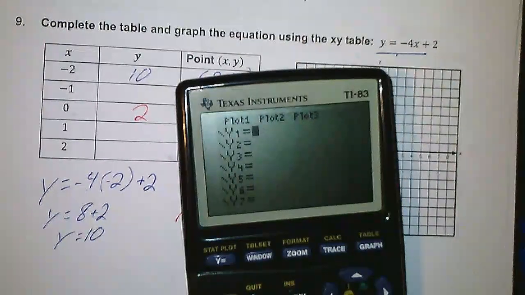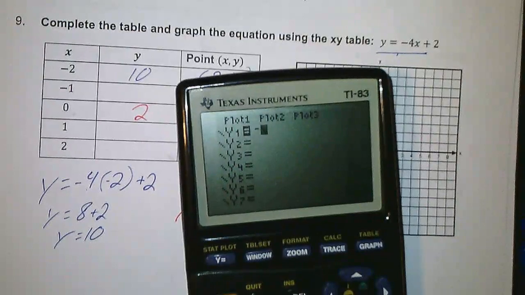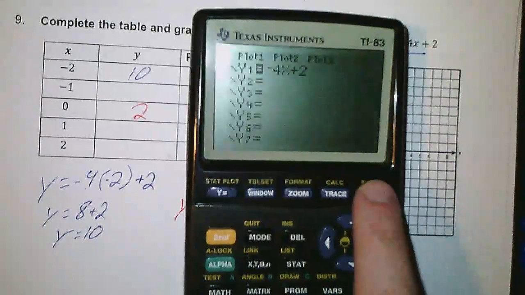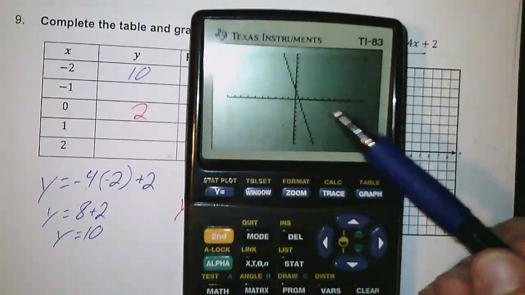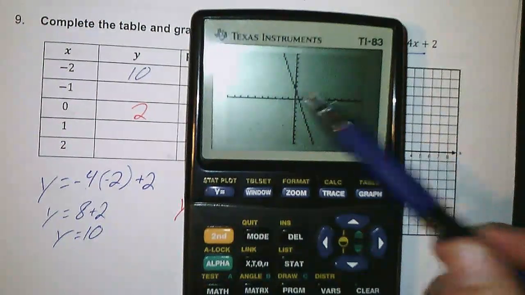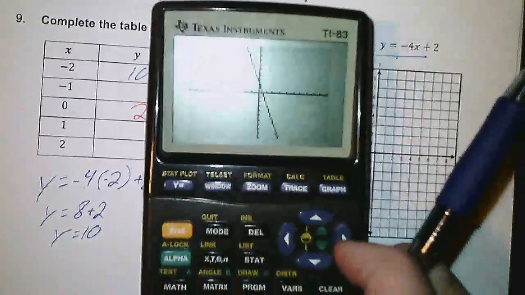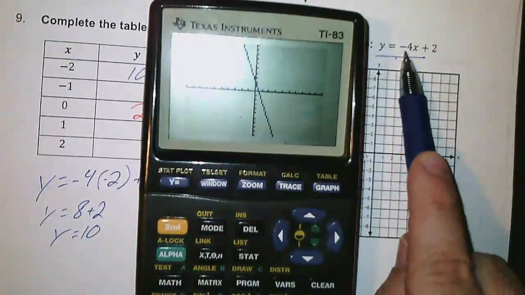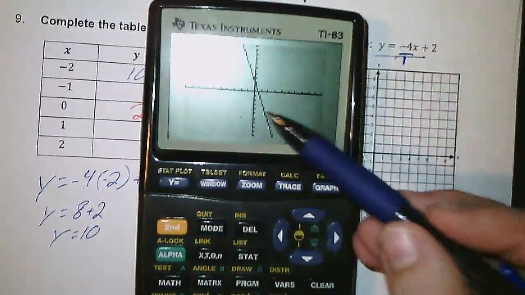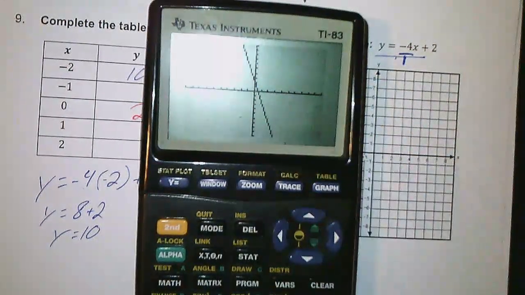And we type in negative, not the minus sign, but negative, down at the bottom right. -4, here's my x button right there, +2. Here is the graph. We hit the y-axis at +2, and then a negative slope means we go down 4 and over 1 to get to our next point.